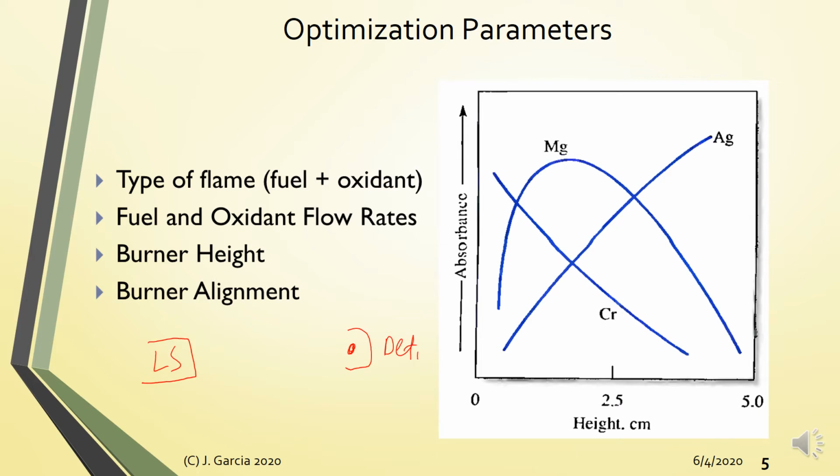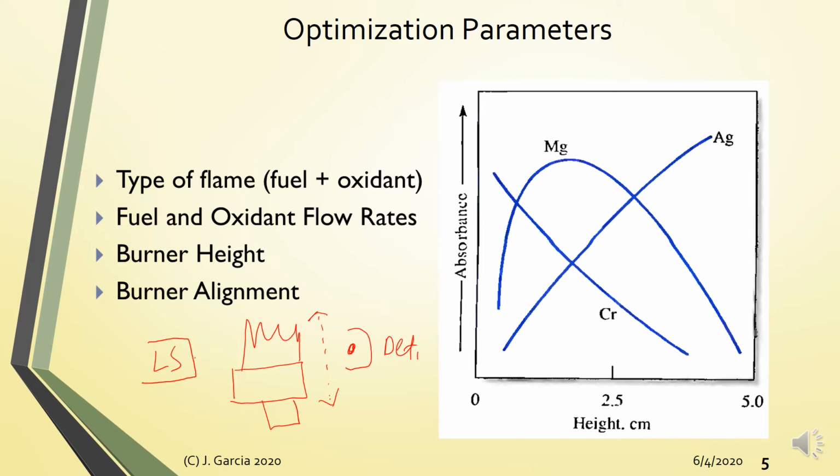The burner head, ito yung flame, can actually be adjusted vertically. So you can lower this down or raise it up.